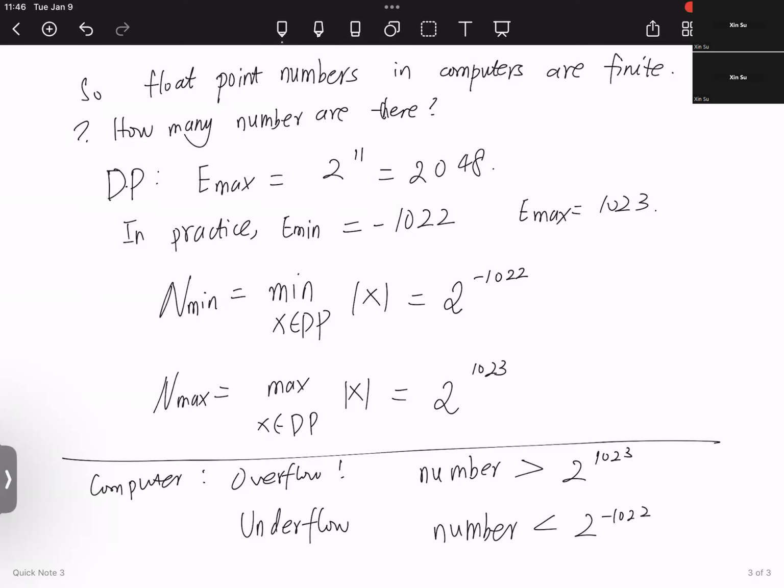Does it make sense? This is the error message. This is some interesting fact about the computer. It gives you overflow, underflow, and that means that your simulations give you some numbers that are not accessible by the computer.